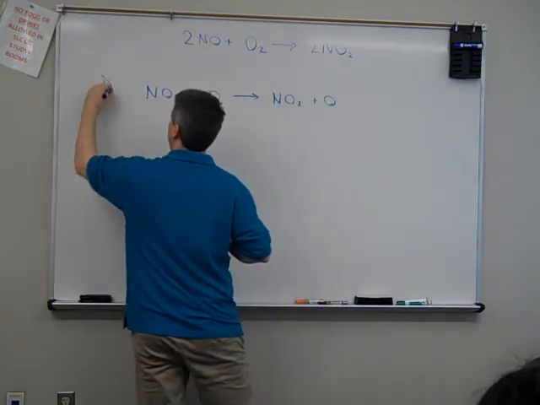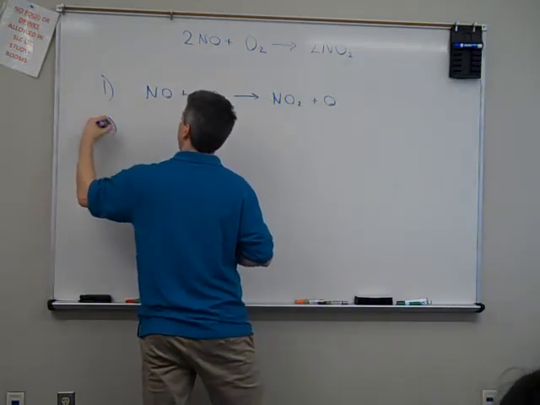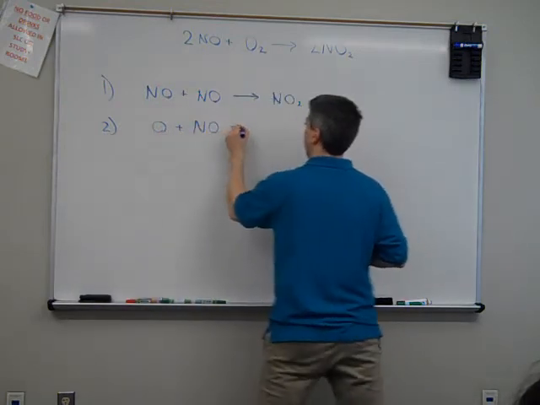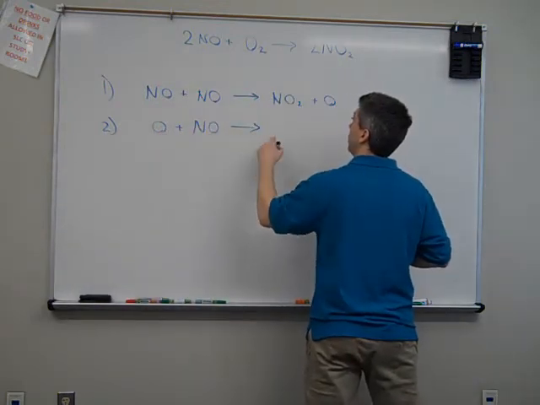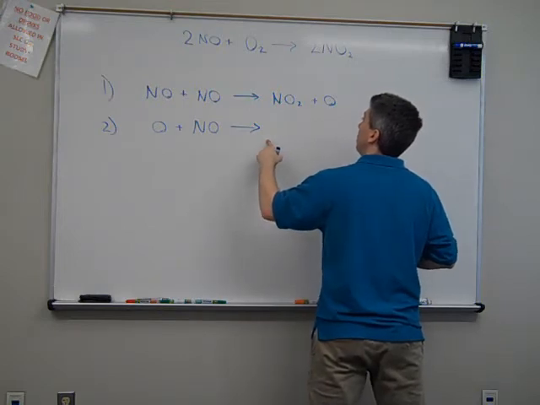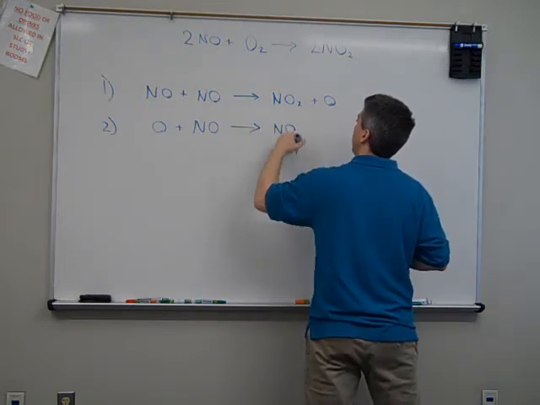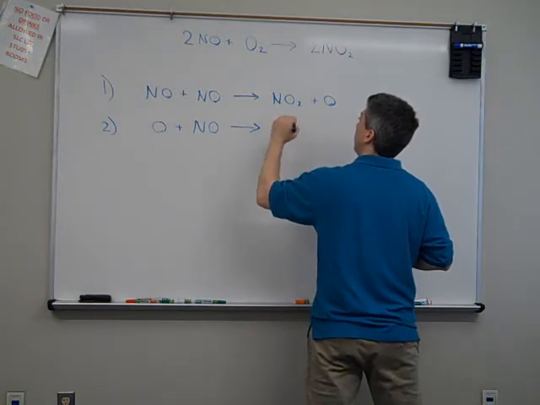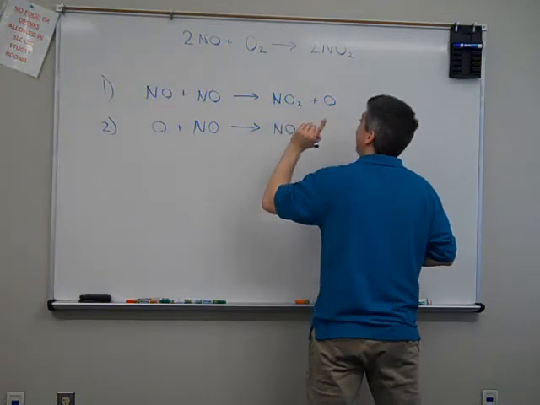And that could be the first step of the reaction. You could then have the oxygen from there reacting with another NO to form NO2. Oh wait, that's not gonna work.